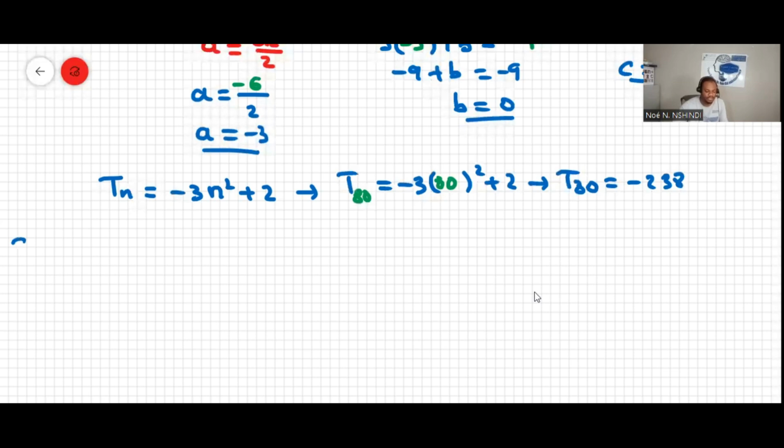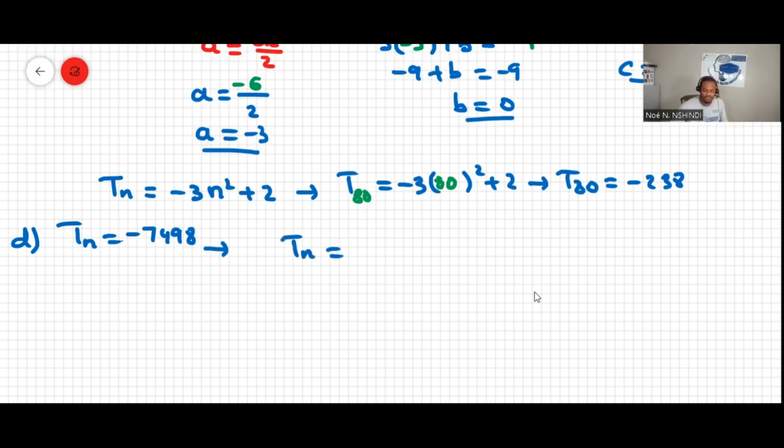And then D, the question says determine which term equals -7498. So we're looking for a certain term Tn which is equal to -7498. What term is that?